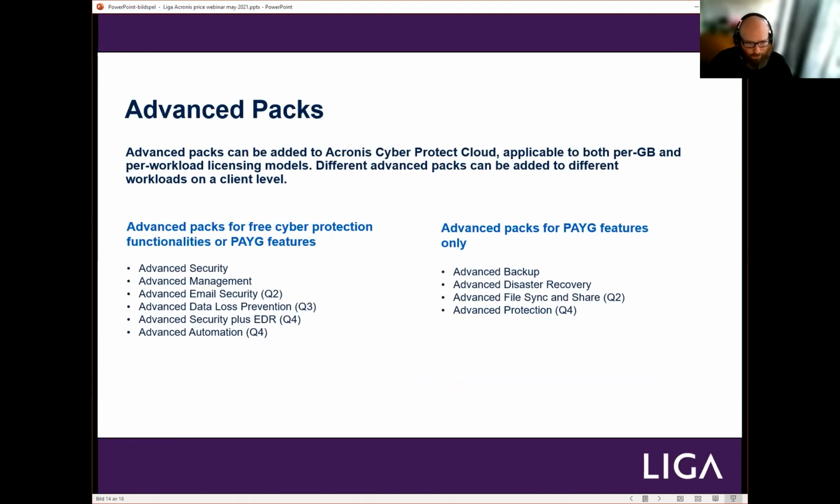And you can pick and choose from these, and you can apply one, two, or all of them to every single workload. So this gives you a lot of freedom and flexibility in choosing which machines get the extra functionality. And of course, you don't have to do it at all if you don't want to.